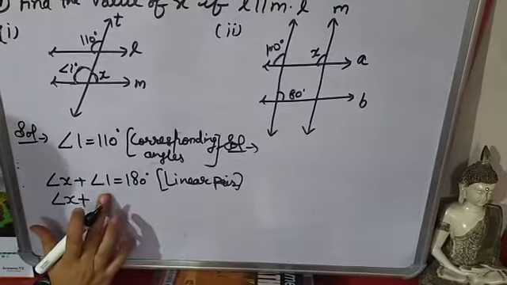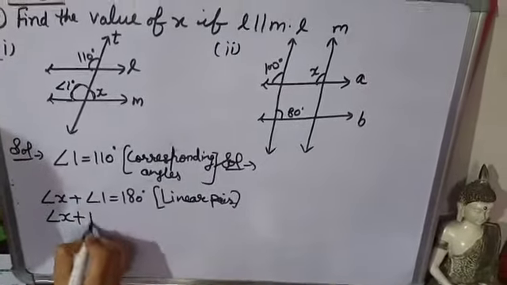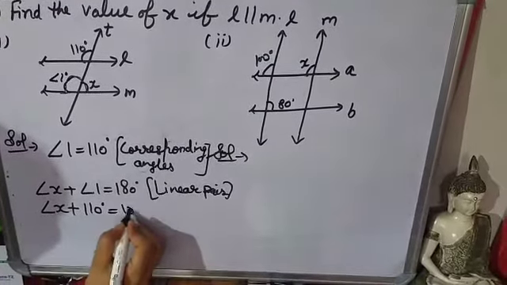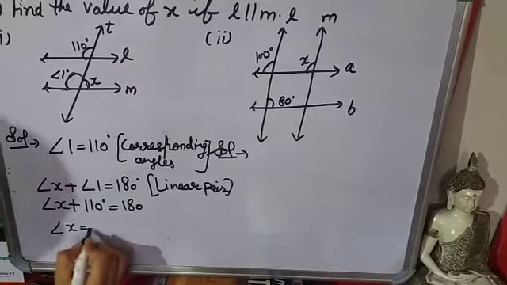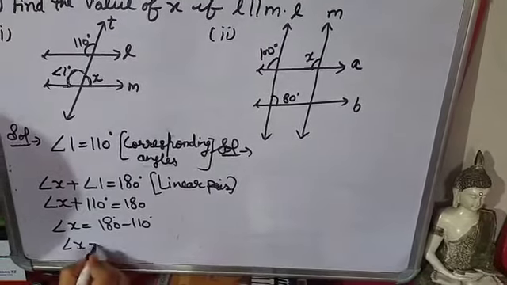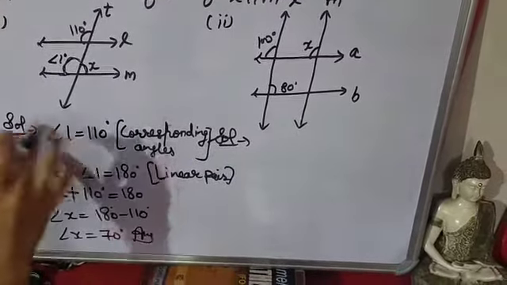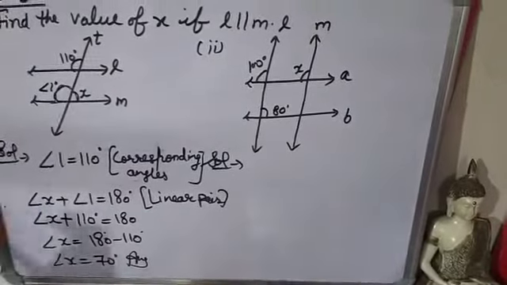What is the value of angle 1? That is 110 degrees, so instead of 1, we will write 110 degrees. Now find the value of x: 180 minus 110 is 70 degrees. So like this, you have to create properties if they are not there.